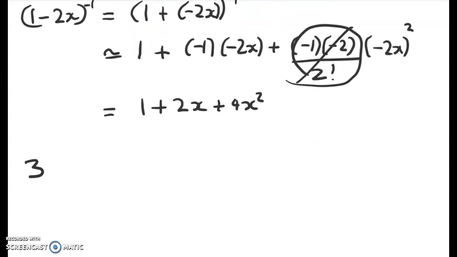So I need 3 times 2 minus x to the negative 1, which equals 3 times the rearranged version here.